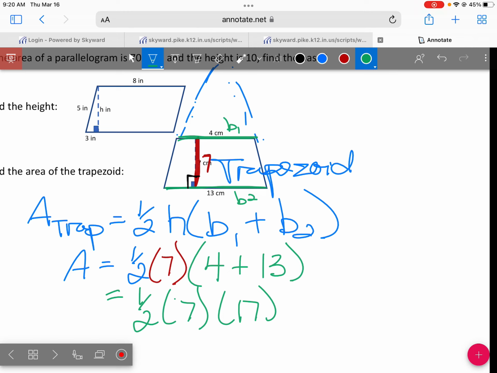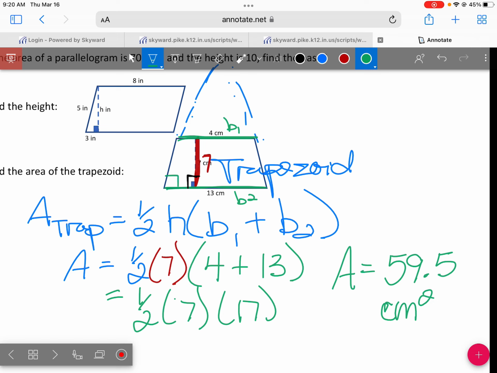59.5. That is correct. So the area is 59.5, and if it's area, it's whatever your units are, centimeters squared.